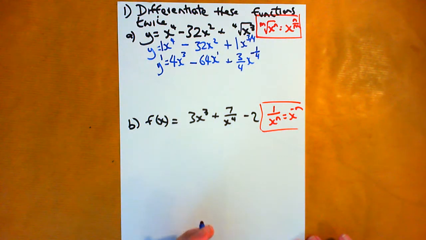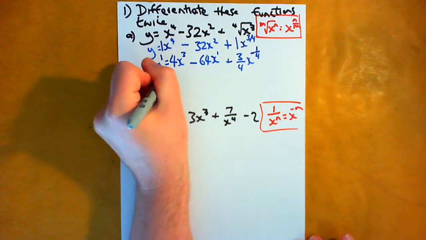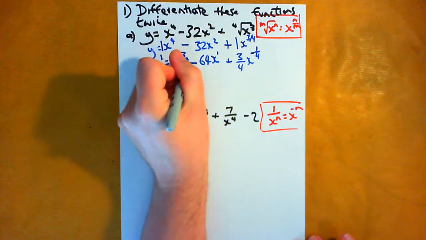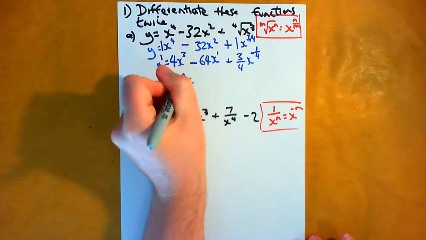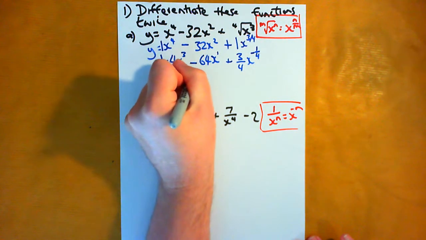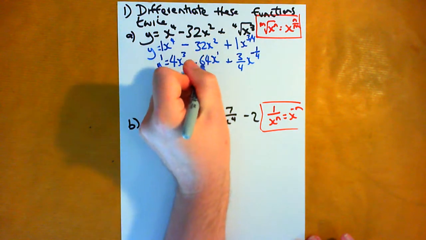We just need to differentiate it again to get y double dash. 4 times 3 is 12, x to the power of 2 minus 64 times x.